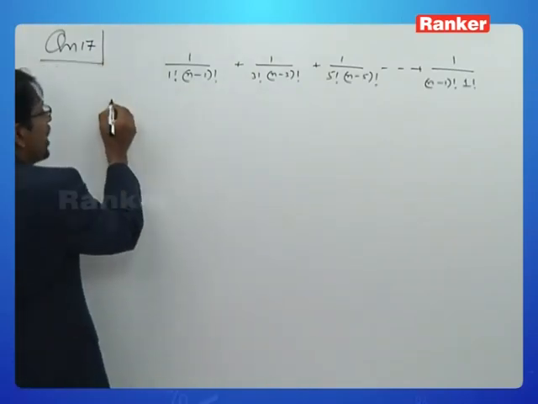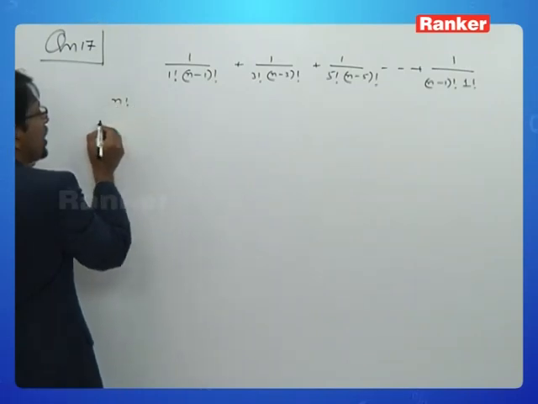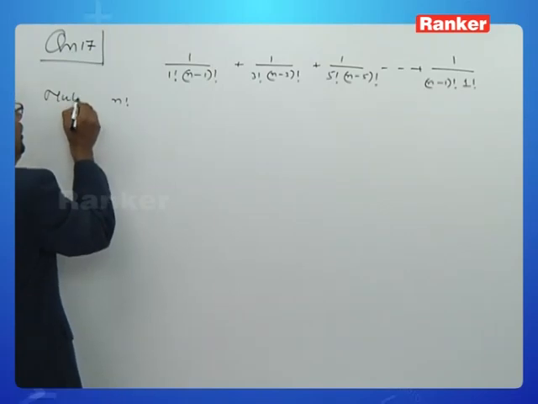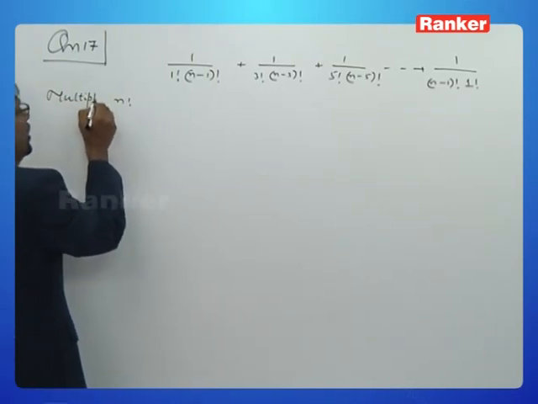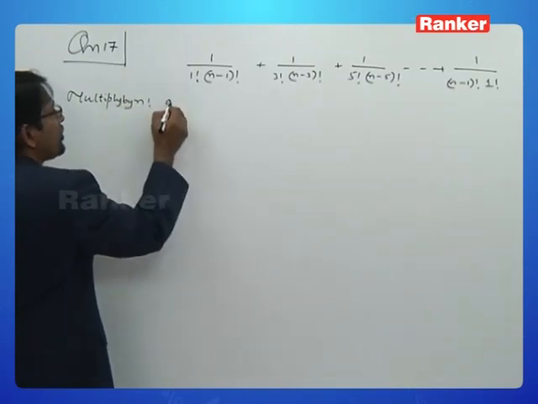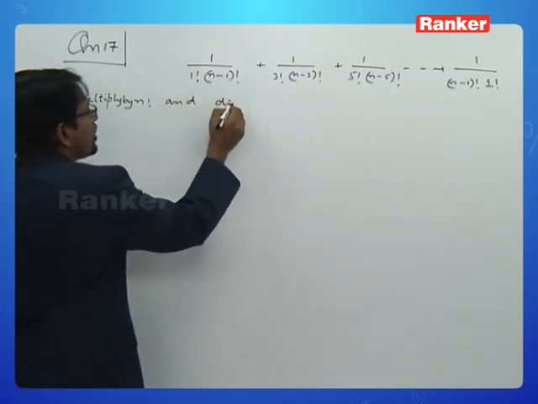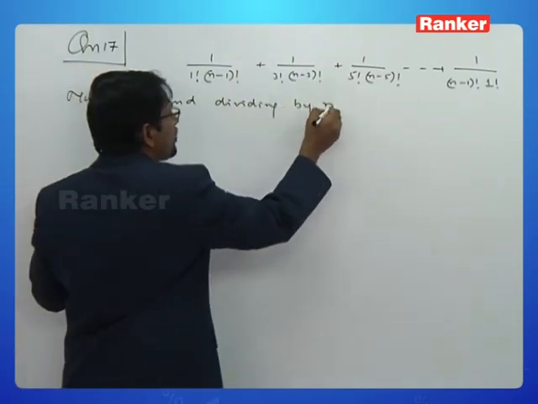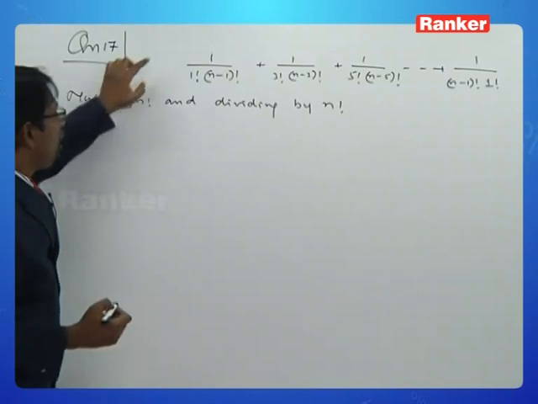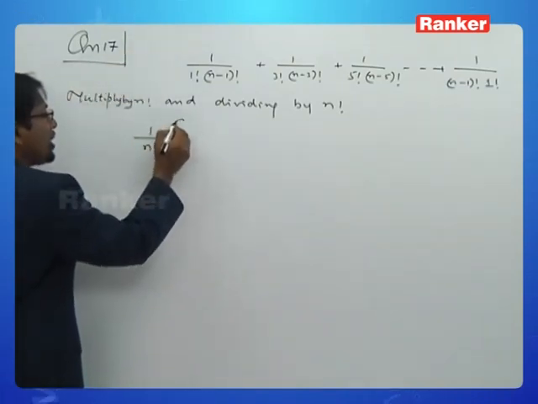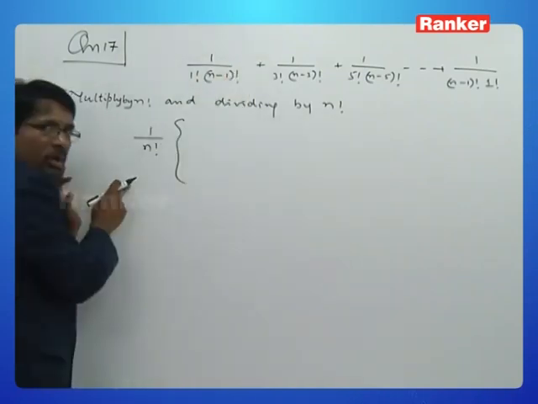Let's multiply and divide by n factorial. I'll multiply inside to each term and divide it outside here.